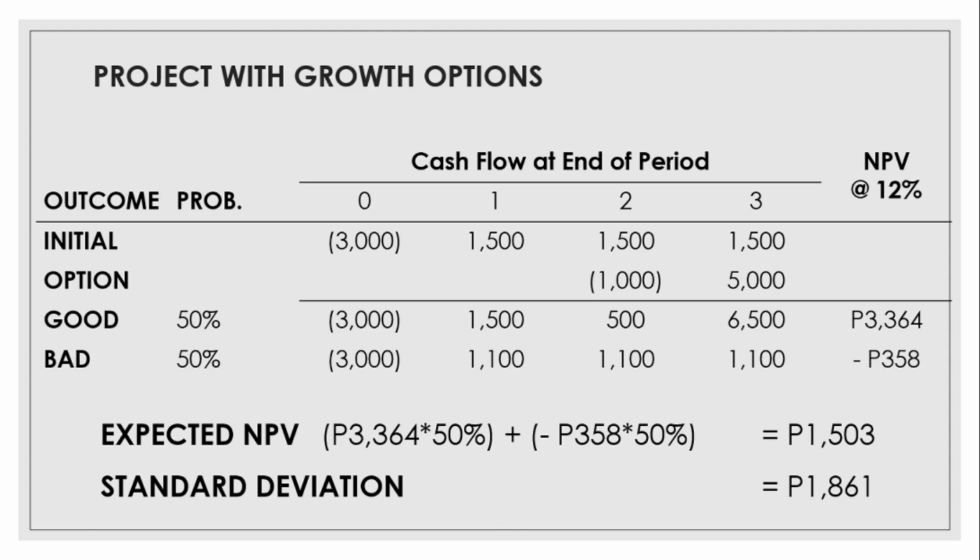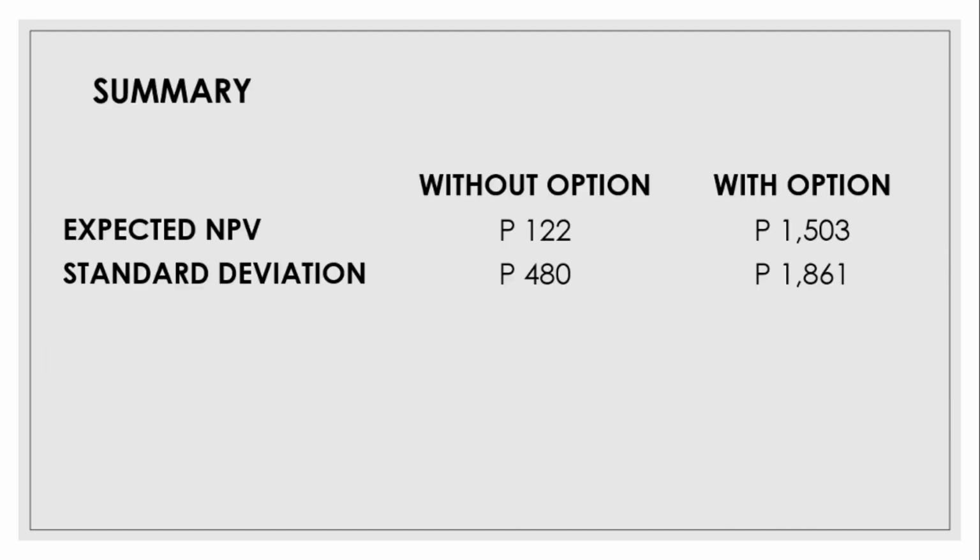Now, to appreciate the growth option, let us compare the expected NPV and the standard deviation of both the project with growth option and the project without growth option. The expected NPV of the project without growth option is 122 and the standard deviation is 480.